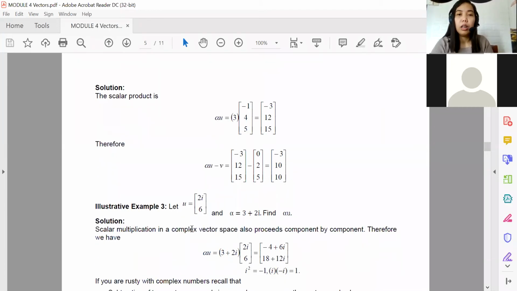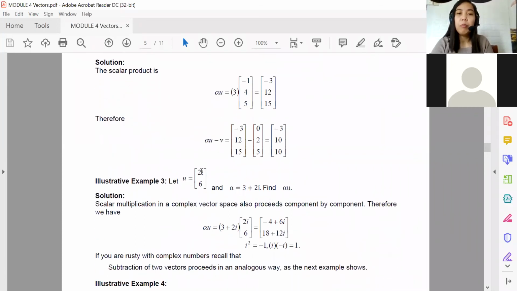Example 3, we have a complex vector space. Our vector u, we have 2i and 6. And the value of the scalar is a complex number. Find alpha u.